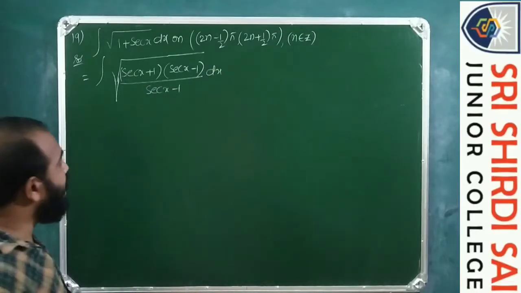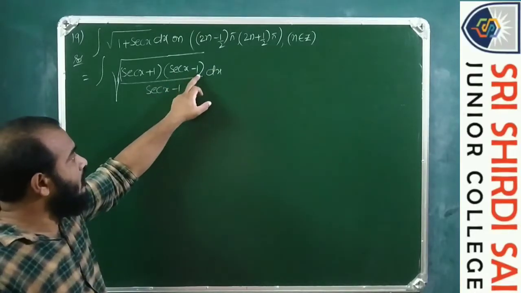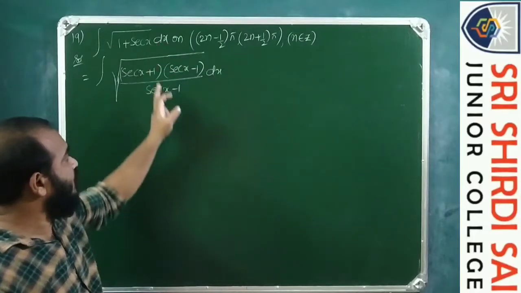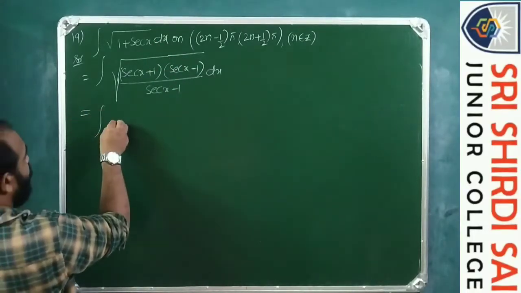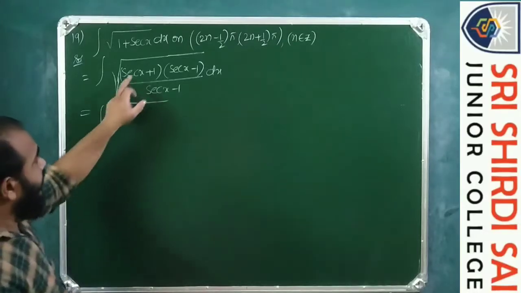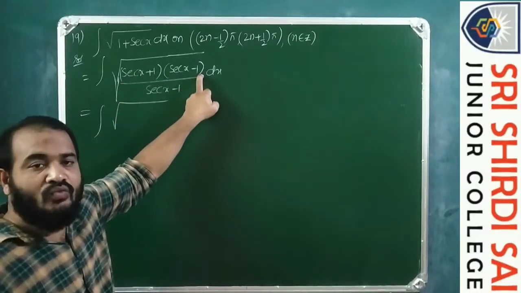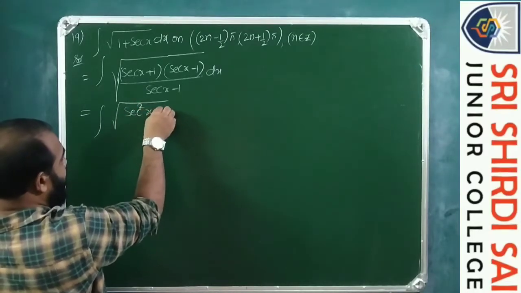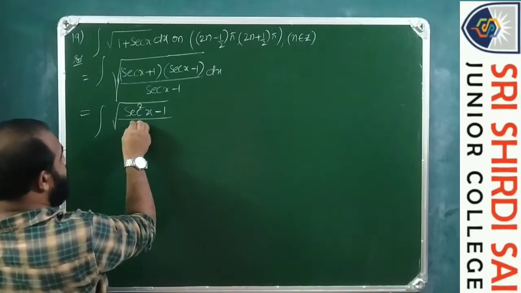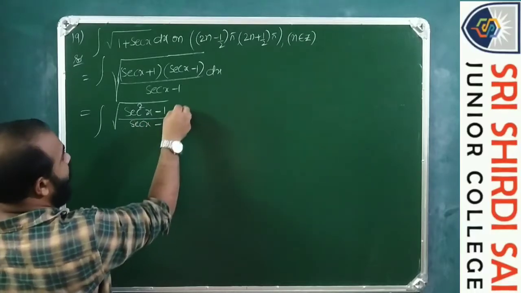So I have multiplied with secant x minus 1 both on numerator as well as denominator. So this is equal to square root of, a plus b into a minus b, a square minus b square. So this is secant square x minus 1 by secant x minus 1, dx.